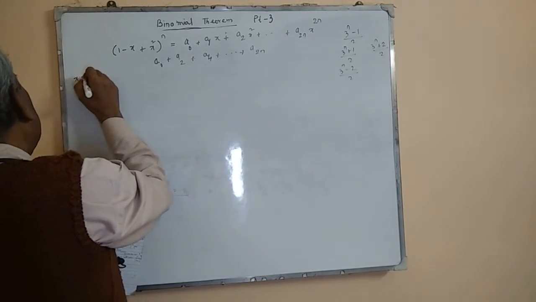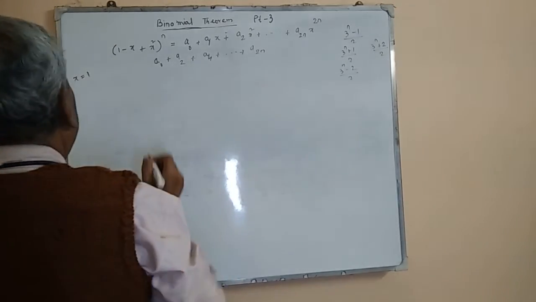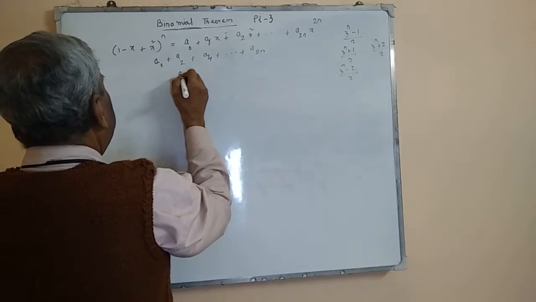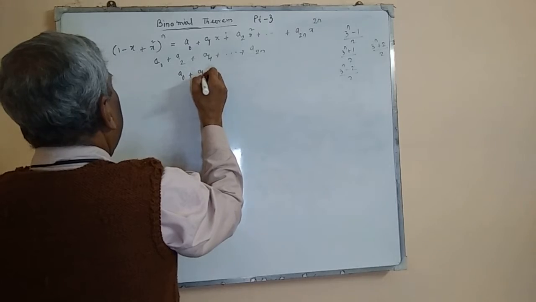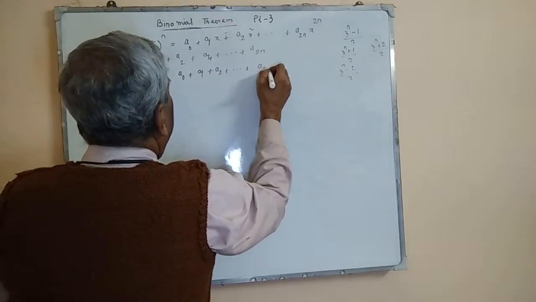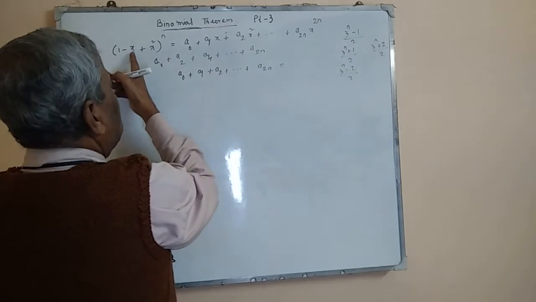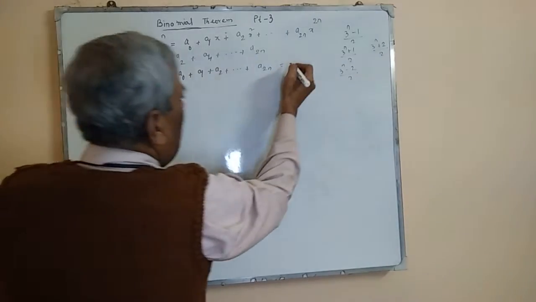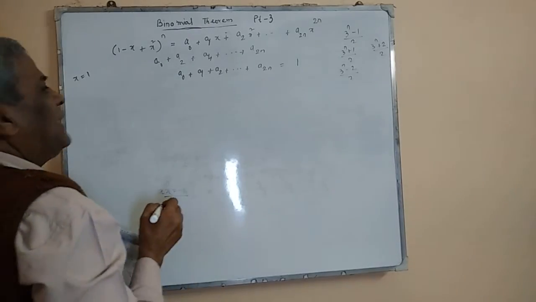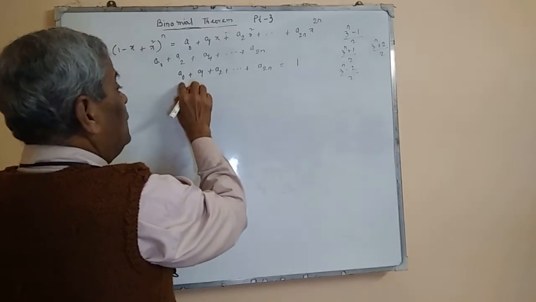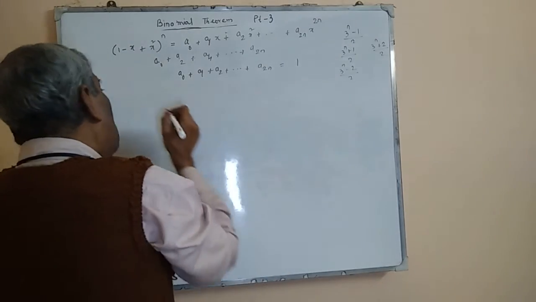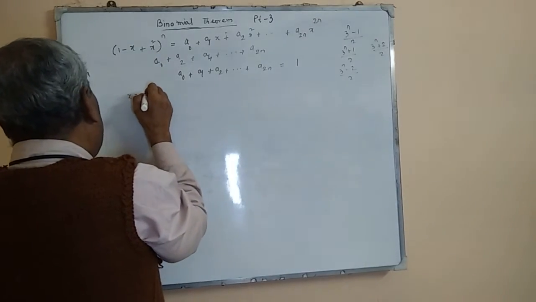I put x is equal to 1. Then a0 plus a1 plus a2 up to a2n is equal to, putting x is equal to 1, 1 to the power n, which is 1. Next, we want a0, a2, a4, alternate terms. So now put x is equal to minus 1.